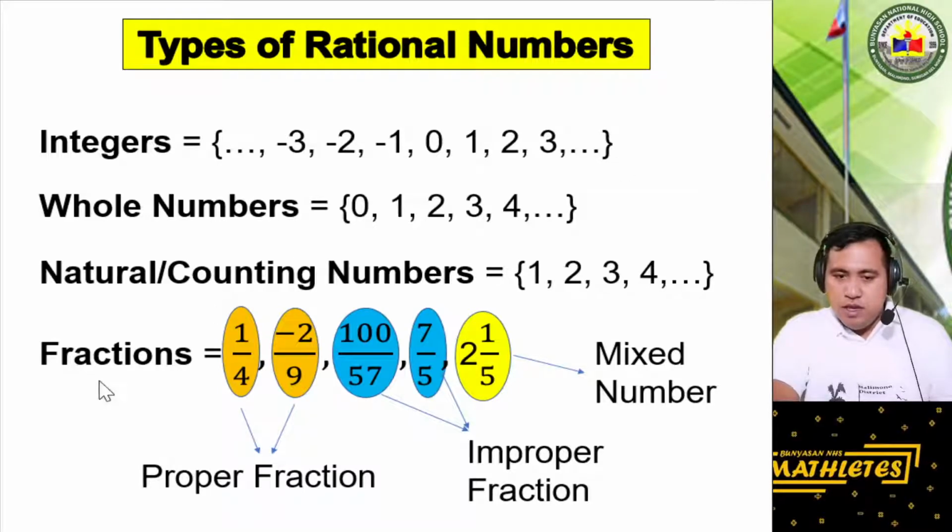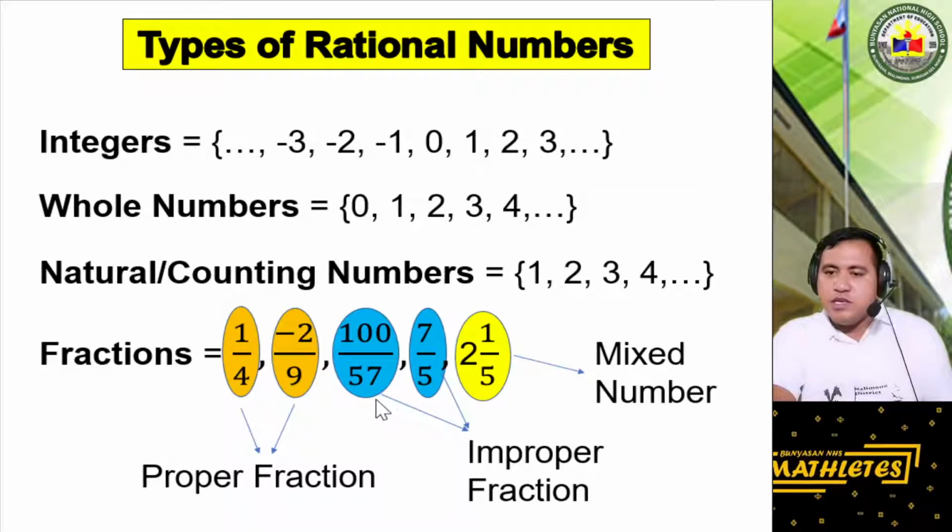Another is negative 2 over 9. Then the opposite is the improper fraction, where the numerator is greater than the denominator. Like 100 over 57 and 7 over 5, the top is bigger than the bottom.